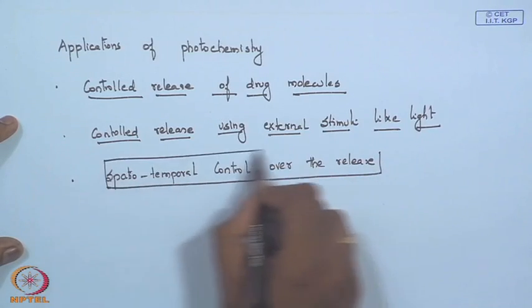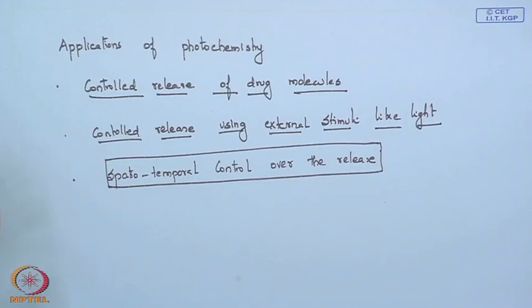This is the advantage you get when you use light as an external stimulus. What is spatio-temporal? Basically, at any given space, you can release: I can shine in this space and get it released. Temporal means you have control over time. For example, I can switch on my light and switch off, because it is an external stimulus.